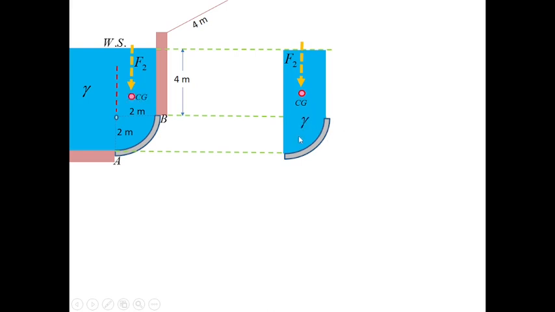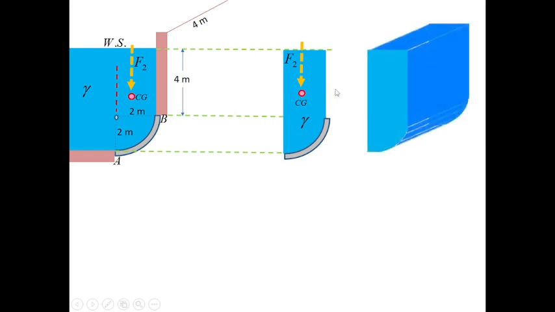So, we consider the specific weight and the volume that is formed, considering the third dimension. F2 is the specific weight times the volume. The weight of the liquid here is simply the vertical component of the hydrostatic force.